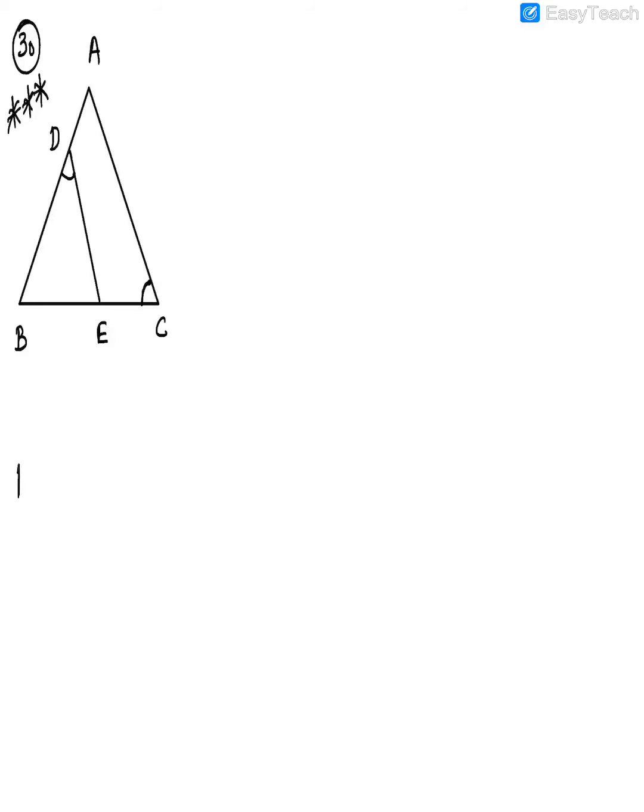Second thing, it's given that BC is equal to 6 centimeter. Then EC is equal to 4 centimeter is given to us. BD is equal to 5 centimeter. And you're given area of triangle EBD is 9 centimeter squared. So this area is 9 cm squared. Calculate the length of AB.